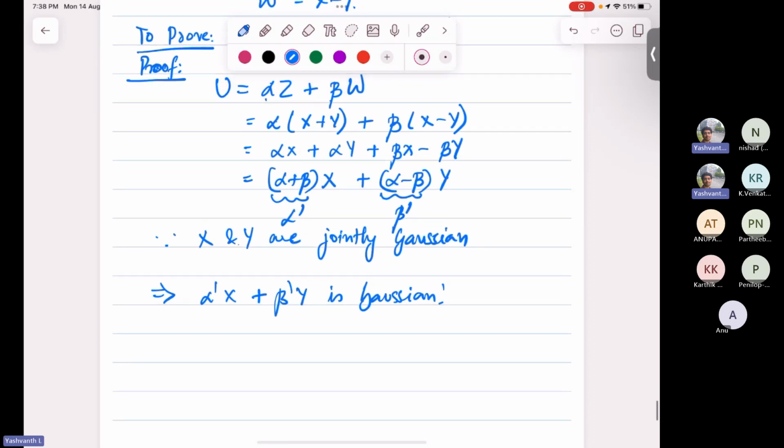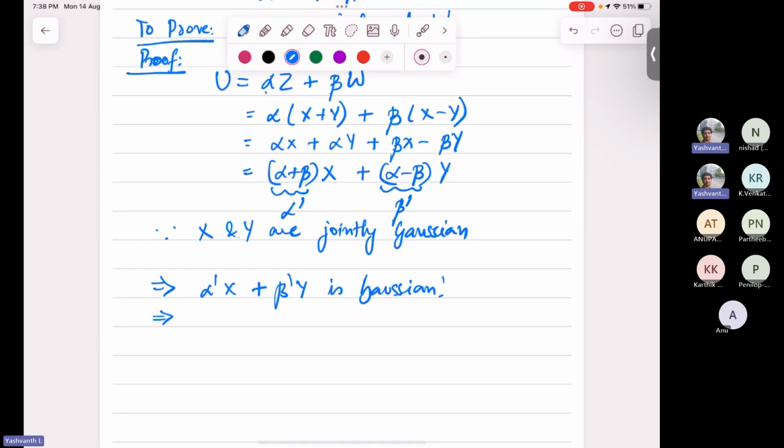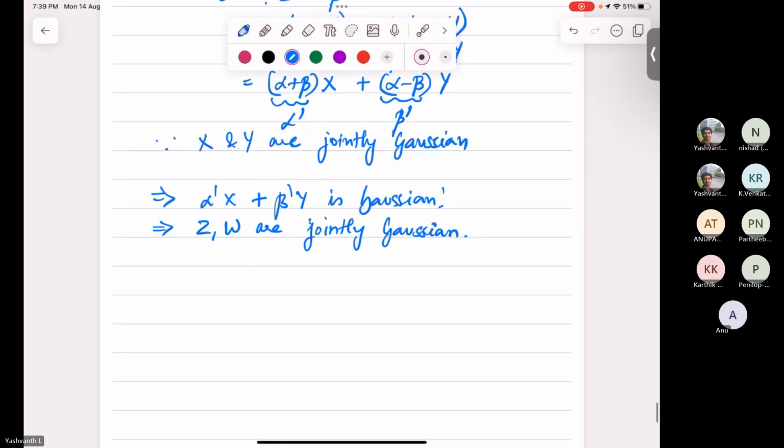Since it is true for any alpha prime and beta prime, it is true for any alpha and beta also. This implies Z and W are jointly Gaussian. Okay, fine.